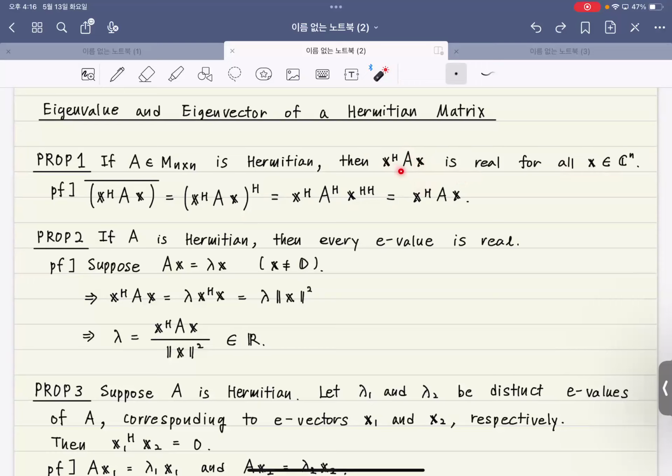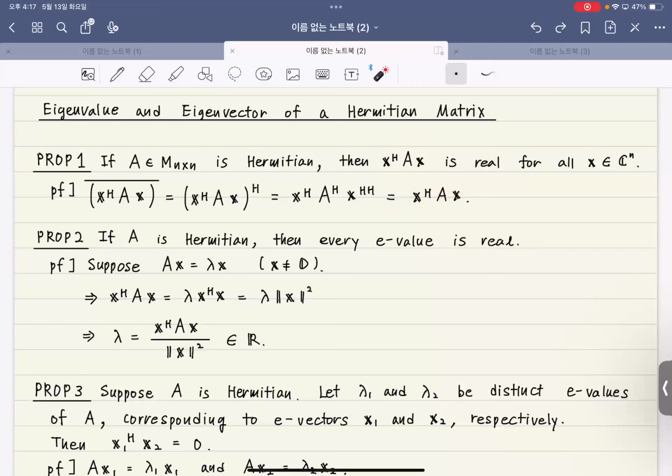Dimension-wise, A is n by n, x is n by 1, and this n by 1 column vector has been multiplied by a 1 by n row vector. Therefore, this is just 1 by 1, which is just a single complex number. And we are claiming that this complex number is actually a real number.